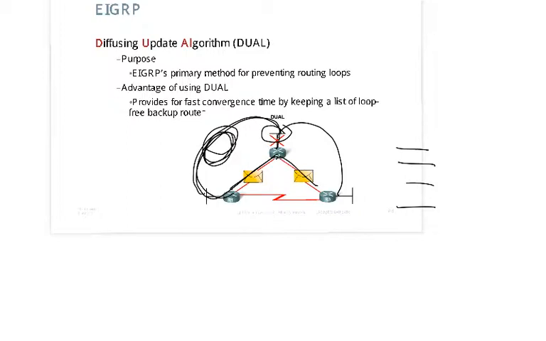So the DUAL algorithm allows you to keep multiple loop-free routes to a specific network, which means that once there is a network change, you will grab a loop-free route in no time and put it in the routing table, in which case you reach the convergence state in no time.